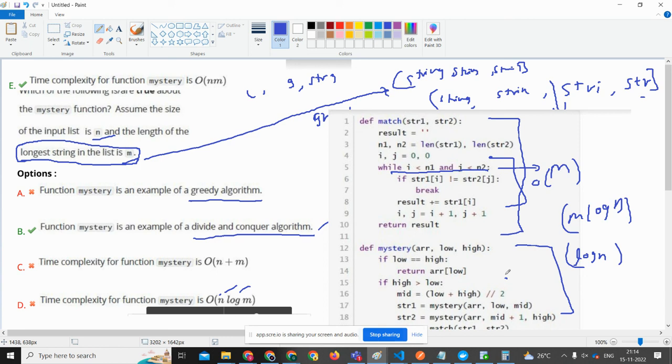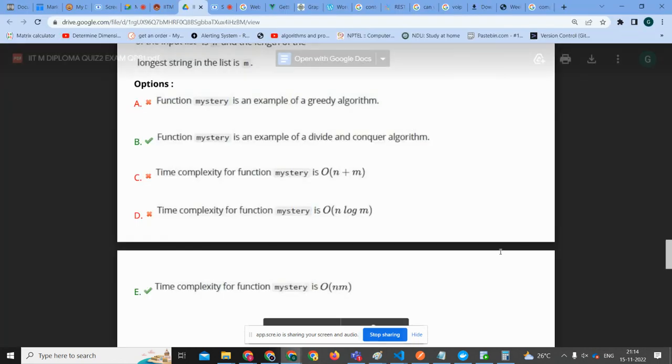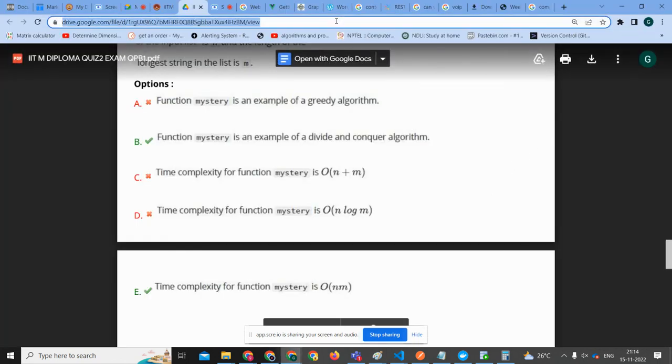Shivan, can you ask the other people? Can someone post it? Maybe even I'm confused. I thought it should be m log n as we discussed, but maybe we are missing something here.